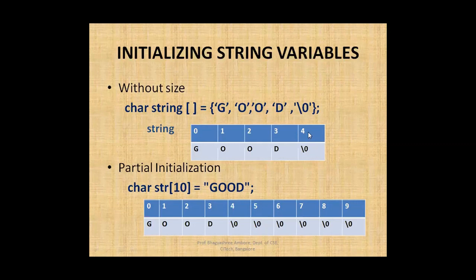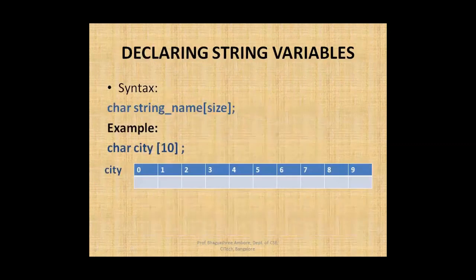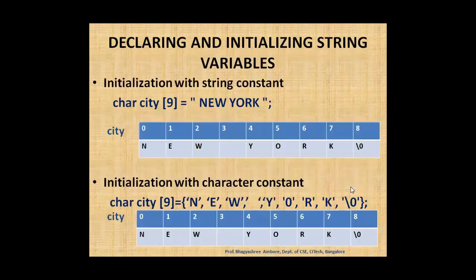I'll just go back. In this case, once I do the declaration, it will create these blank locations. Whatever size you specify, that many blank locations will be created. These blank locations can be filled while declaring itself. The first one is initialization with a string constant. The second one is a character constant.